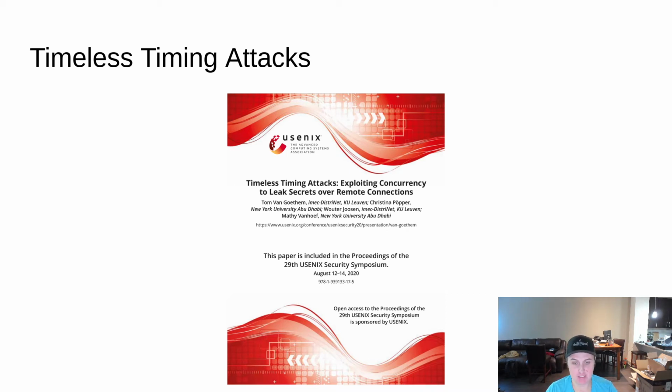This was released in August of this year, so a very recent paper. And this paper brings forth this new idea of how we can leverage things like HTTP 2.0 to do what they call a timeless timing attack, which maybe you're thinking spaceless spacing. There's a reference there. So this is definitely the right track.